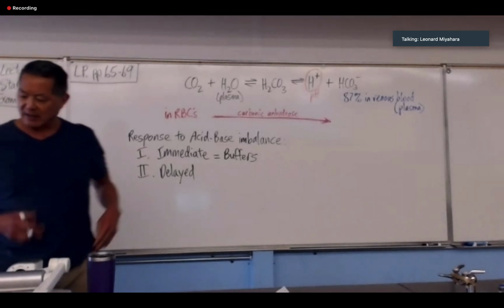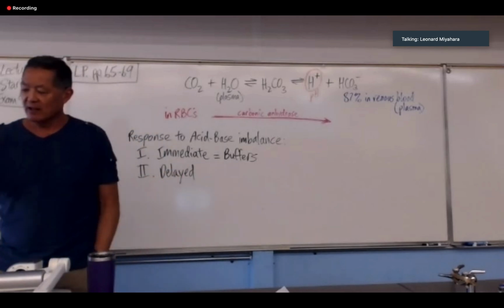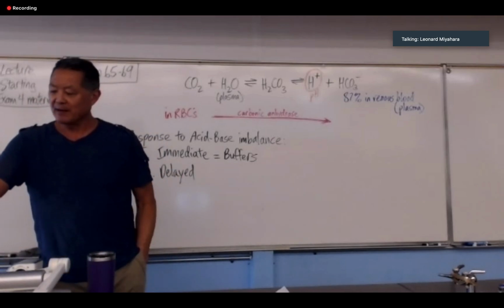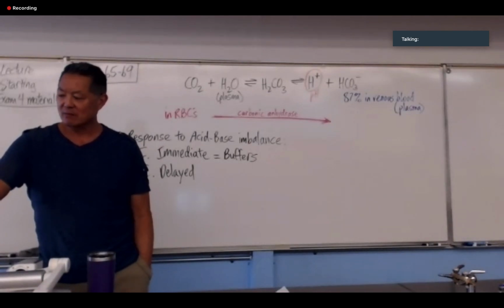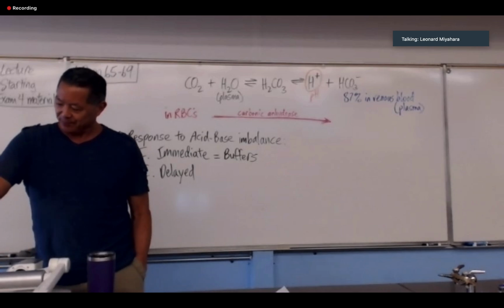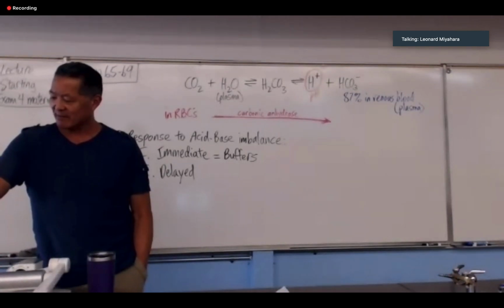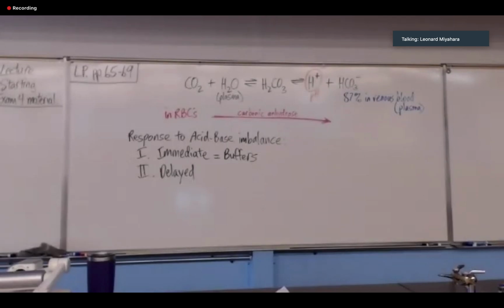Slide 62. Okay, so if you have a strong acid going into solution, you can have a weak base that can act as a buffer that will form a weak acid and a salt. And that's in the box there. If you add a strong base, you can add a weak acid to form a weak base in water. Let me explain this graph that's on the bottom of slide 62.